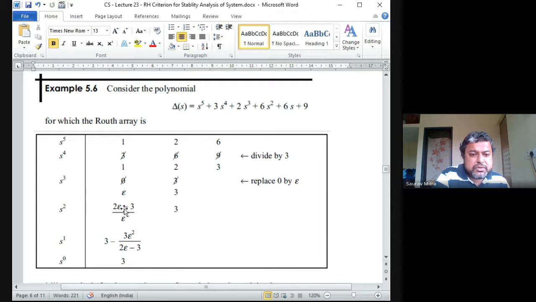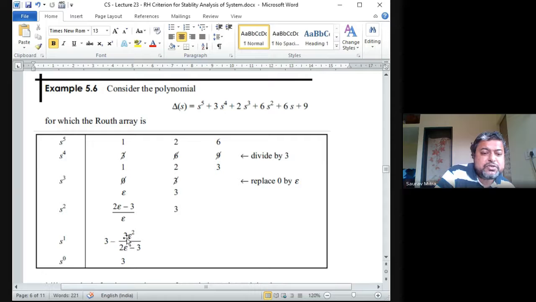Now it is s^3 and s^2 that will give us the value of s^1. How to get it? The first term 2 epsilon minus 3 by epsilon multiplied by 3, that means 6 epsilon minus 18 by epsilon, minus 3 epsilon, divided by 2 epsilon minus 3 divided by epsilon. So this is the diagonal from bottom left to top right minus top left to bottom right, divided by the bottom left element.